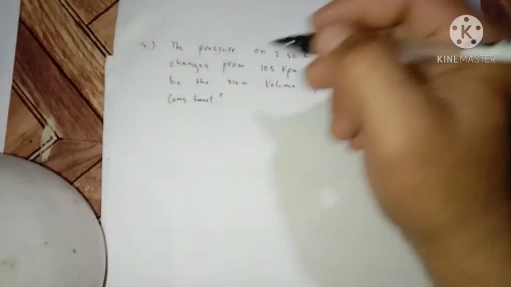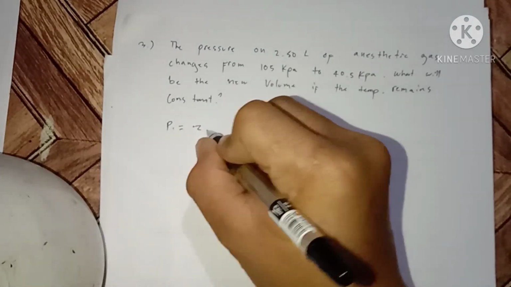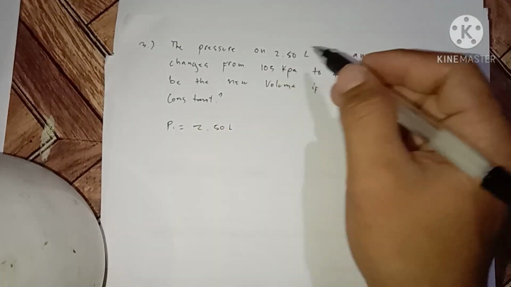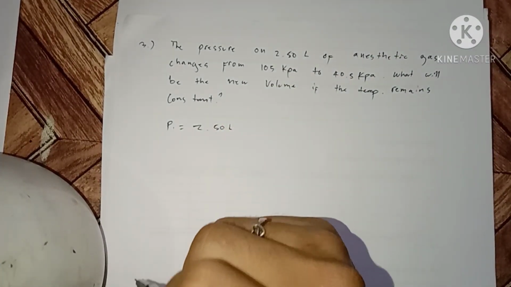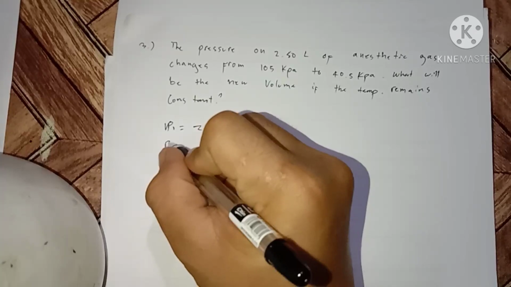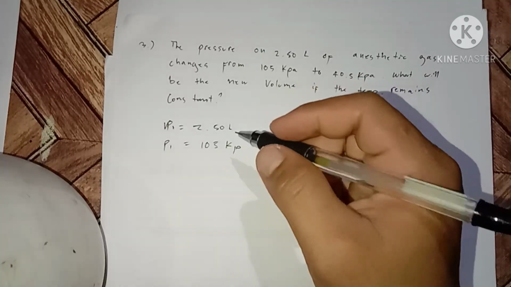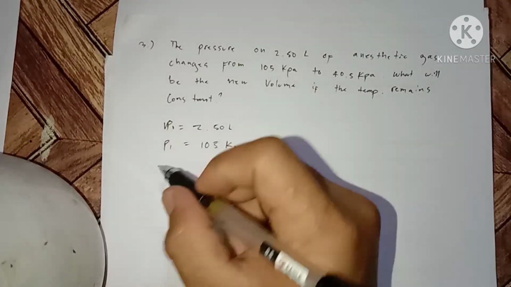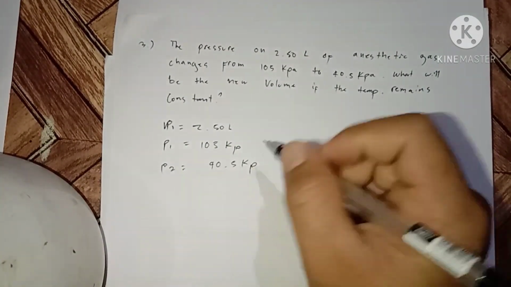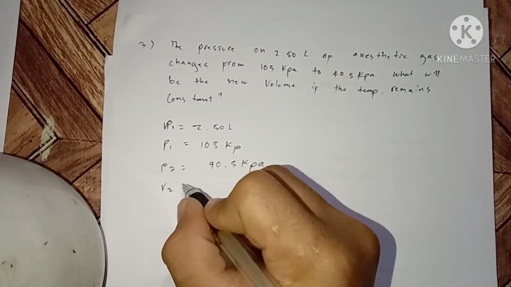So given the volume 1 equals 2.50 liters, the pressure 1 equals 105 kPa, and the pressure 2 equals 40.5 kPa.